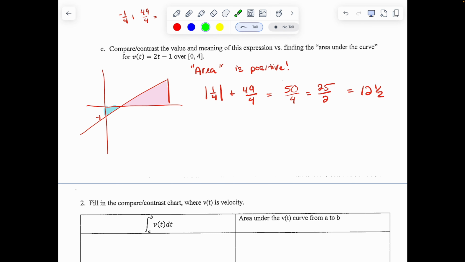So let me draw this picture. Here's my particle. It traveled here and then it traveled here. In my first problem, I calculated this distance.